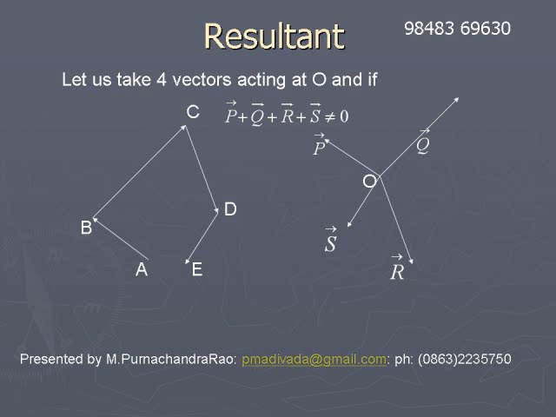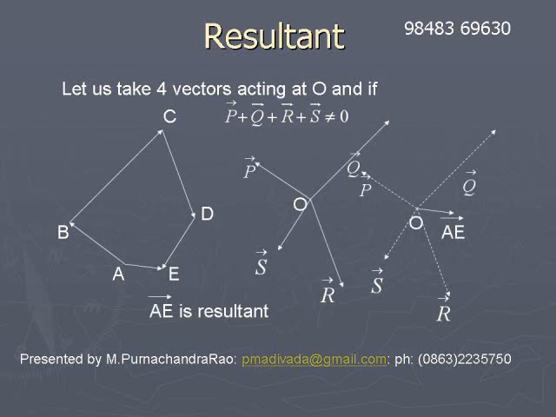If P bar plus Q bar plus R bar plus S bar is not equal to 0, then by representing them as AB bar, BC bar, CD bar, DE bar, a closed polygon is not formed. Then the polygon is completed in the reverse order by AE bar. This represents the resultant.